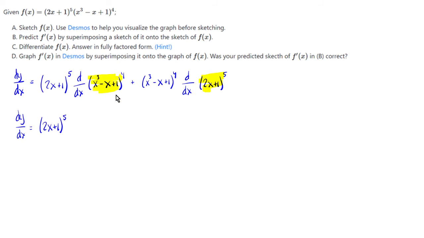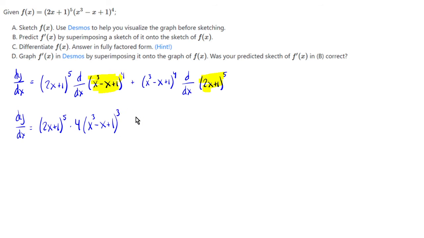And then to apply the chain rule here, we first take the derivative of the outside function, which is going to be times 4. The inside function stays intact. Subtract 1, we're just using the power rule here.